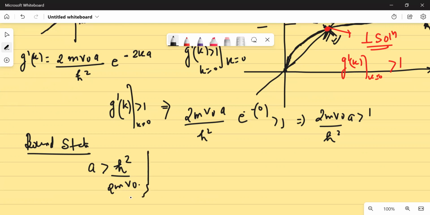So if the value of A is greater than h cut square upon twice mv naught, only in that case you will have a bound state, otherwise not. So A was where your Dirac delta potential was situated. So the magnitude of that A would decide whether your system is in bound state or not.